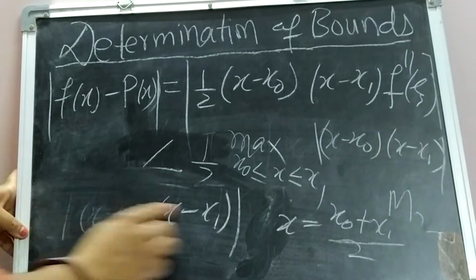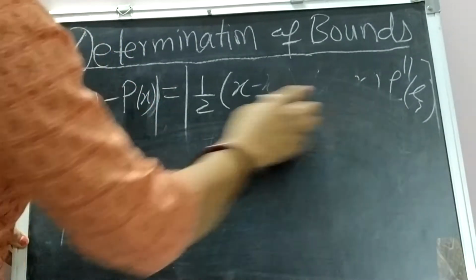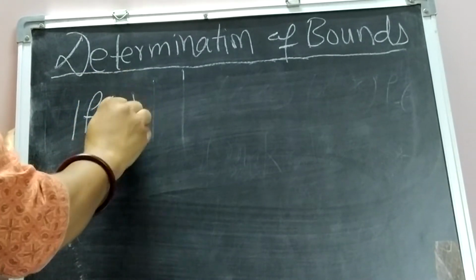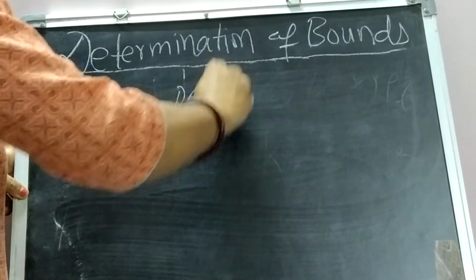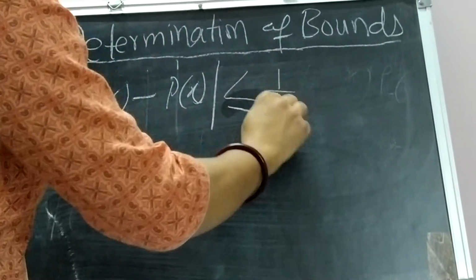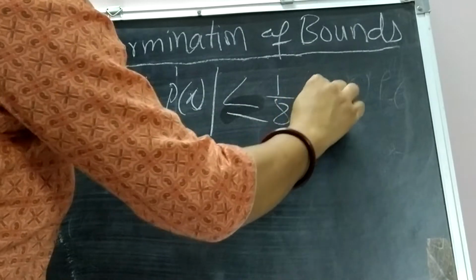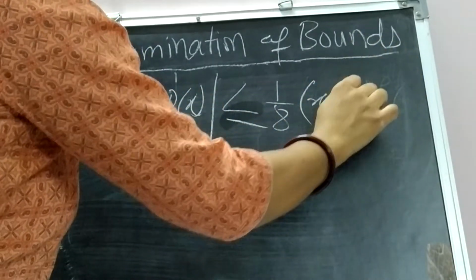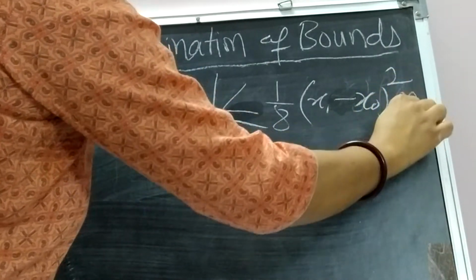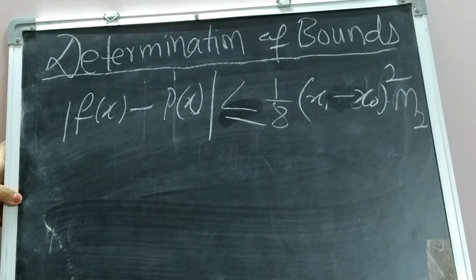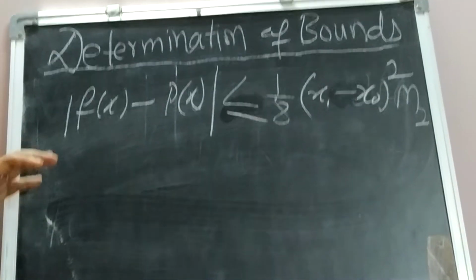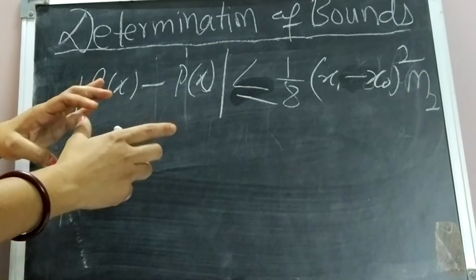After simplifying, we will get something like this: mod of fx minus px is less than or equal to 1 by 8 times x1 minus x0 whole square, and that m2 will be there. So this is the structure for the bound on the error.